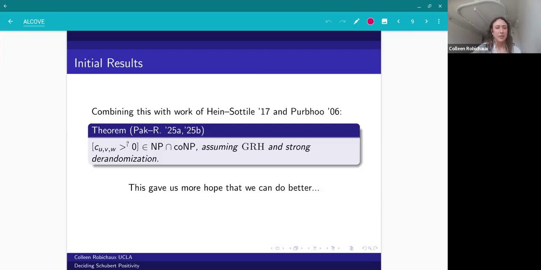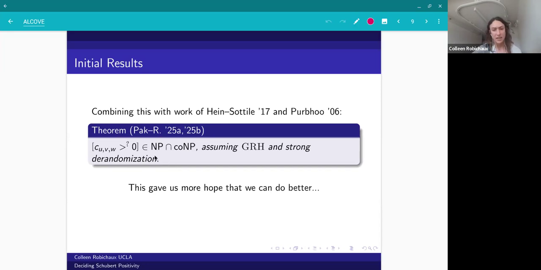And so we look at one formulation of the positivity problem that was characterized by Heinz et al. They gave some equations that are cutting out the points that are in the intersection. And separately, we could look at some equations that Kevin wrote down that are characterizing when the coefficient is going to be 0.